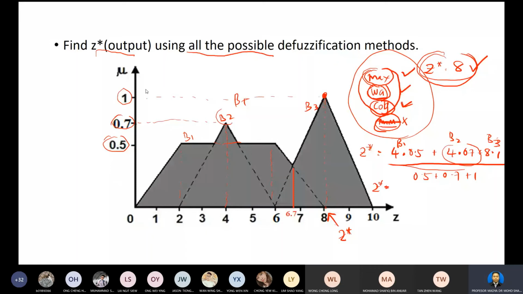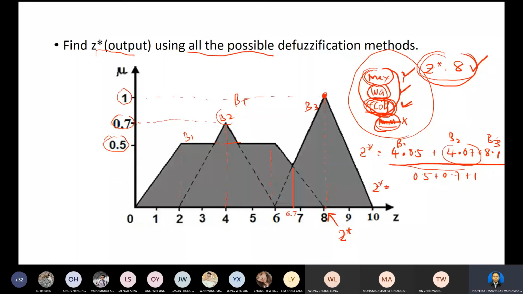The tough one is the center of gravity, so this will take time. Normally students take time to solve using the center of gravity. So if you get this question, first answer the simplest method. For this case you have to solve using the max, second the weighted average, third this one.